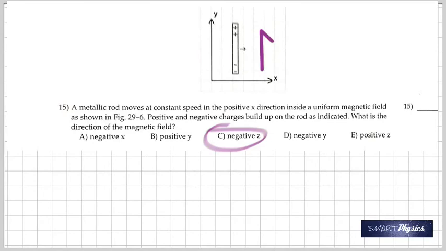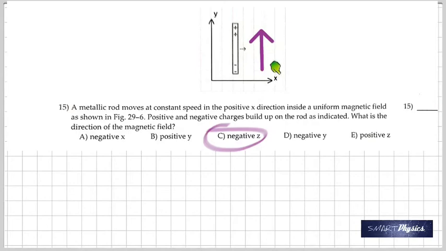The next one is again a conceptual question. If you look at this diagram, you know the positive charges are up here, the negative are up here. That means the negative charges moved down, the positive charges moved up, which means the current is upwards. Because current is always in the direction of motion of the positive charges.